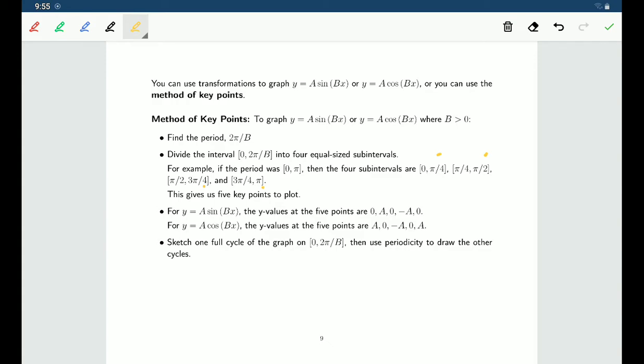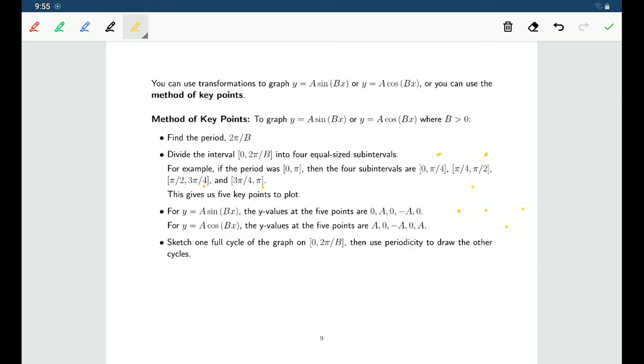So once we've taken the period of our graph and chopped it into 4 pieces, we can easily find the tick marks that we'll be using along the x-axis. And then we know for the sine graph, for example, it starts at the x-axis, goes to the maximum, back to the x-axis, down to the minimum, back to the x-axis.